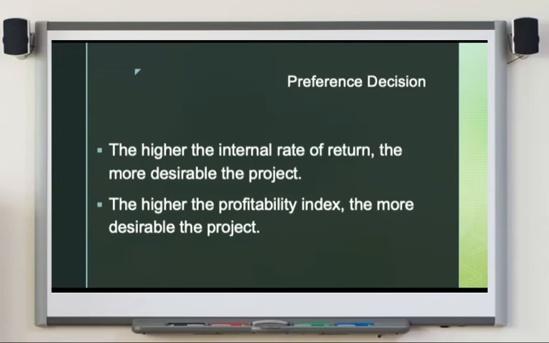So if the computed internal rate of return is less than our minimum rate of return, we simply reject the project, or we simply put it at the last rank or the last option if we have other alternatives. So the one closest to our minimum rate of return, or the one with a higher value than the minimum rate of return, should be ranked first over the other. As well as in computing for the profitability index.